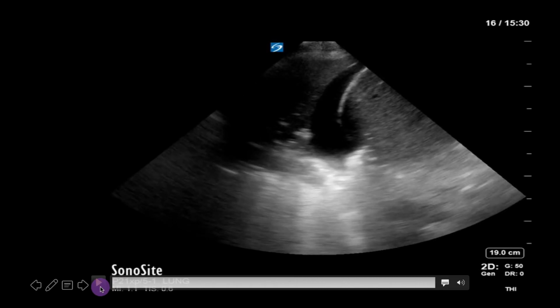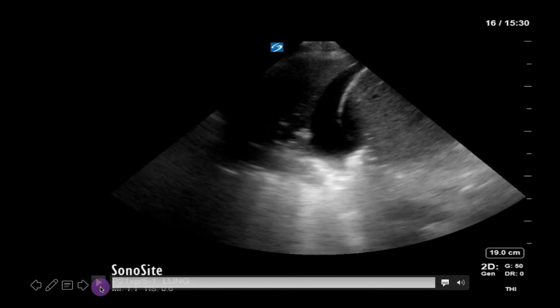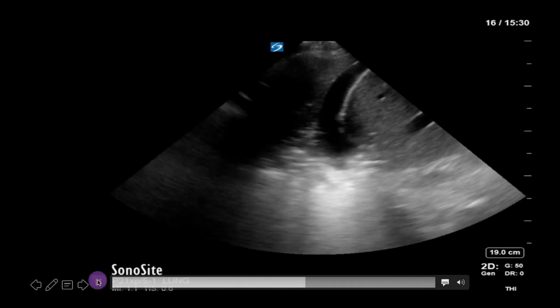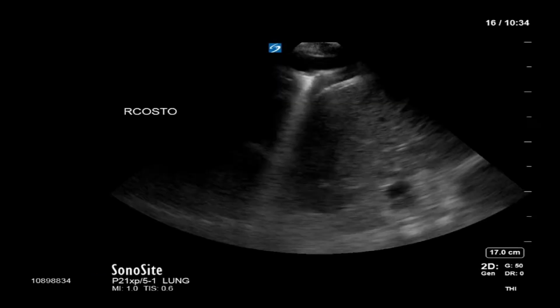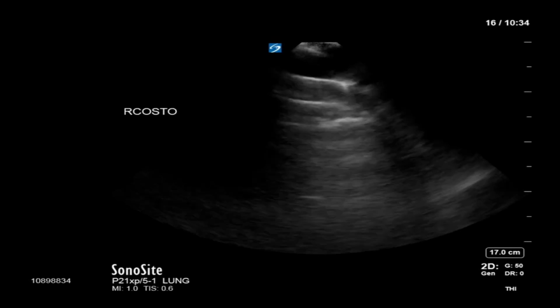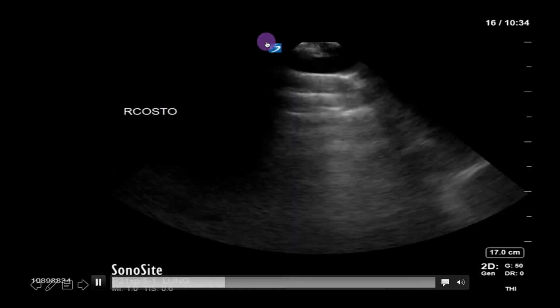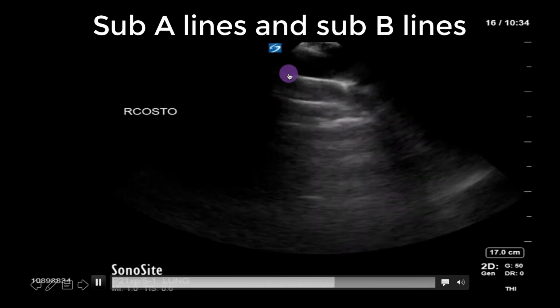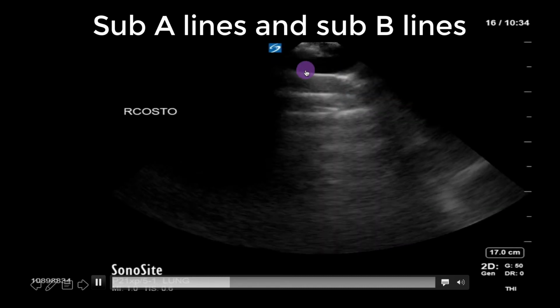Here, the consolidation is mildly larger than expected given the effusion, and so something else is likely contributing to the consolidation. On occasion, there won't be any consolidation, and you'll be able to appreciate A lines or B lines where the effusion meets the lung. These are termed sub-A lines and sub-B lines, respectively.